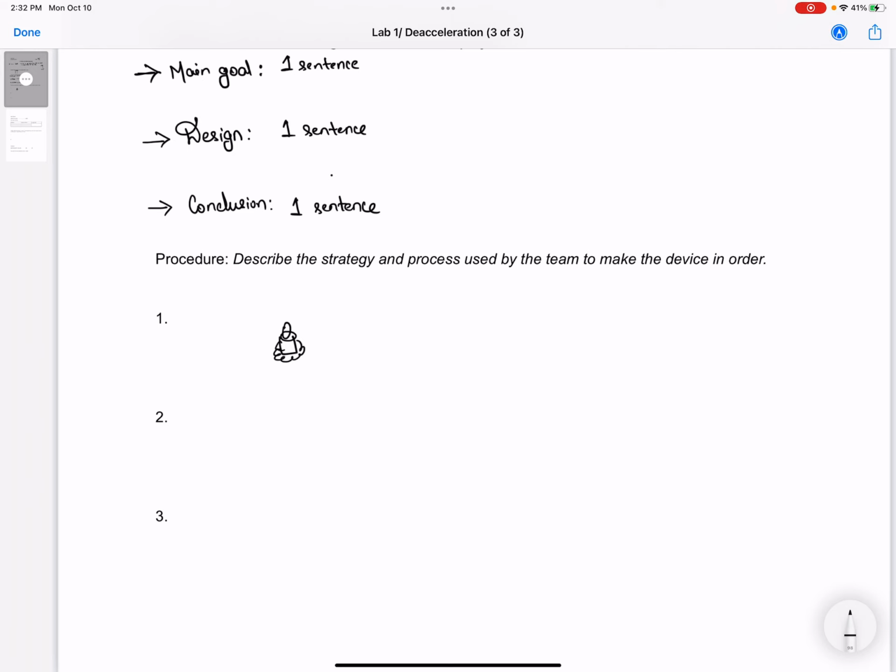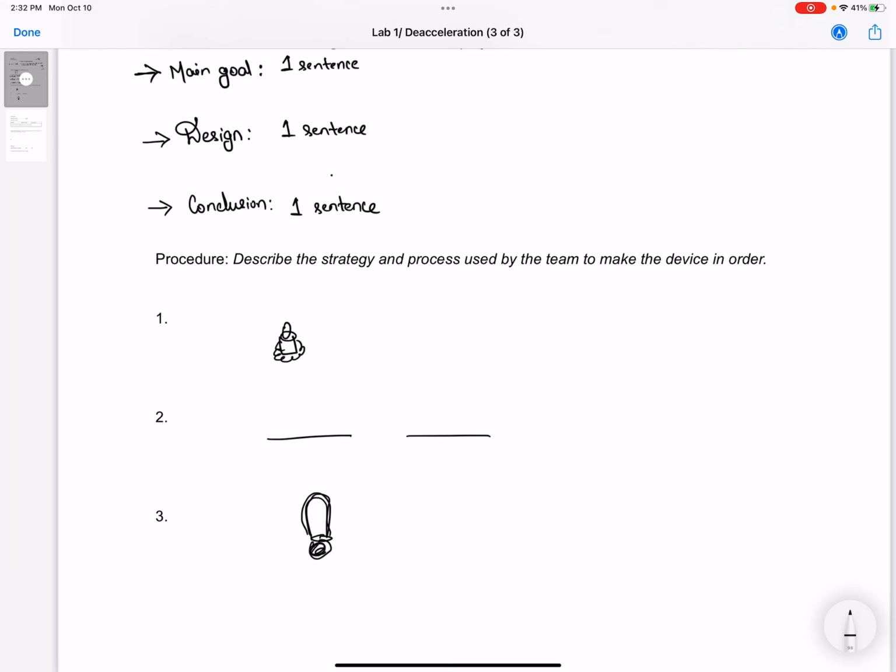Then we added some cushion to it using straws to make it more stable. So whatever you say, make sure you explain why you did what you did. And then you could say, I used a parachute airbag. I used a plastic bag as a parachute to slow down the speed of the fall. So you tell what you did, but also tell why you did that. So that's how you form complete sentences.